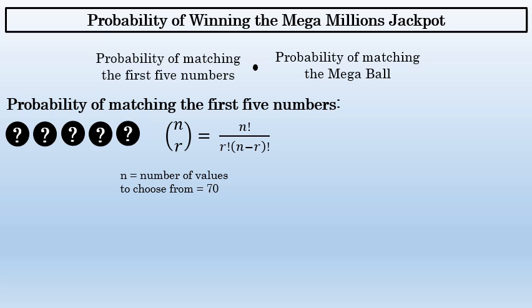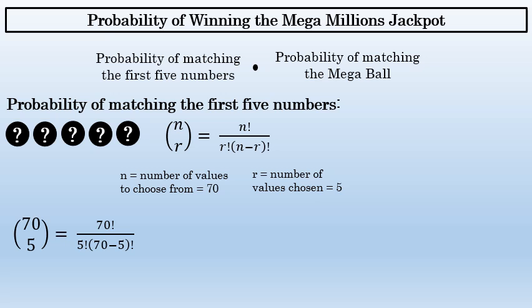r is the number of items that will be selected. We are selecting 5 of the numbers from a set of 70. So, substituting a 70 for n and a 5 for r, the combination formula is equal to 70 choose 5, which is 70 factorial over 5 factorial times 70 minus 5 factorial.